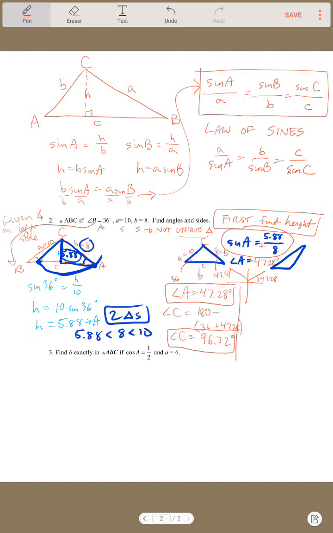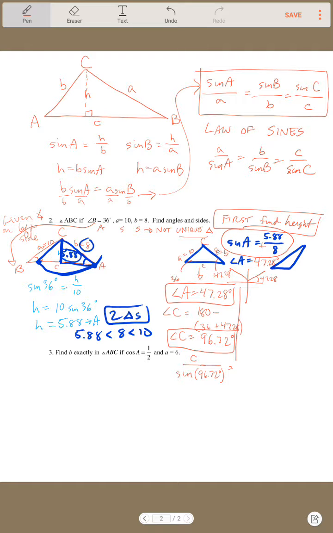And then we now need to find side C. So to find side C, oh look, we actually just talked about the law of sines, where if you're given some angle measures, or maybe given some side measures, you can find whatever you're missing. And that's what we're going to use here. If we want to find side C, we can put that over sine of what angle C was, which was 96.72 degrees. And we're going to make that equal to something else.